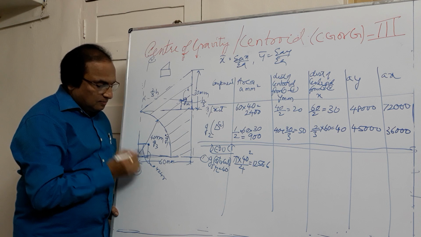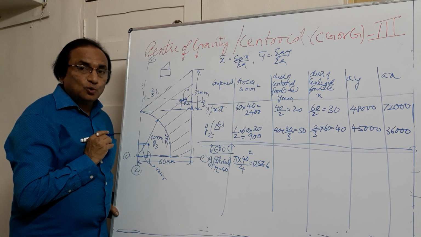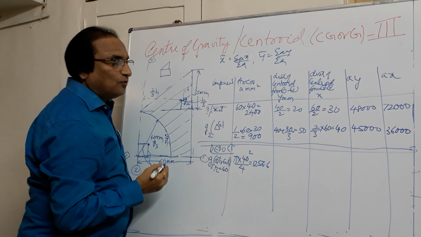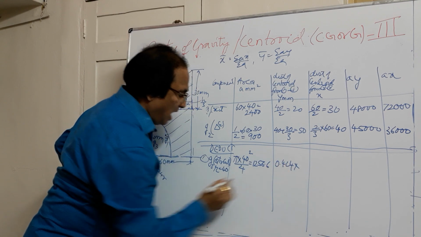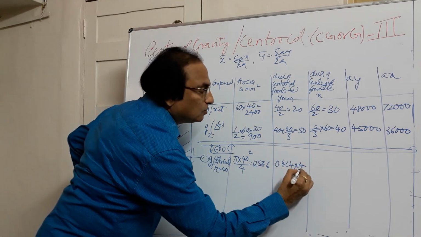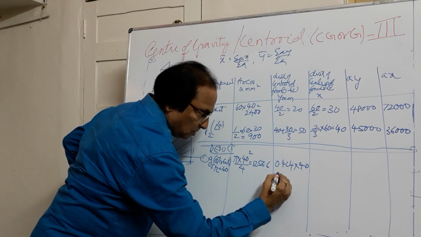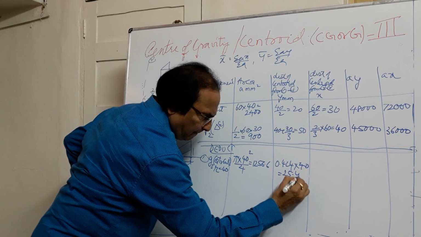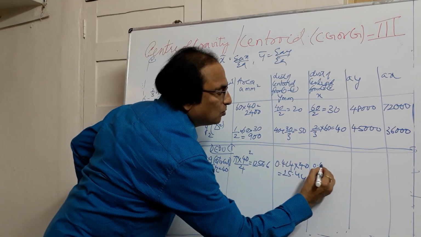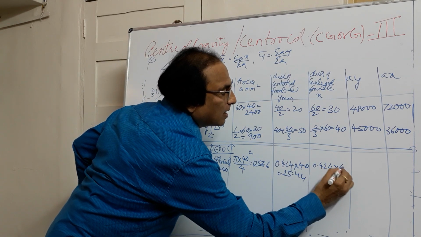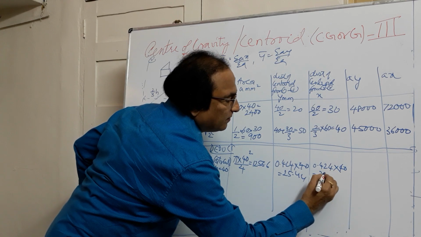So this distance will be also equal to 0.424 r. So this is 0.424 into R, R is 40. So this distance will be equal to 25.44. Now this distance is also 0.424 into R. So this will be again 25.44.